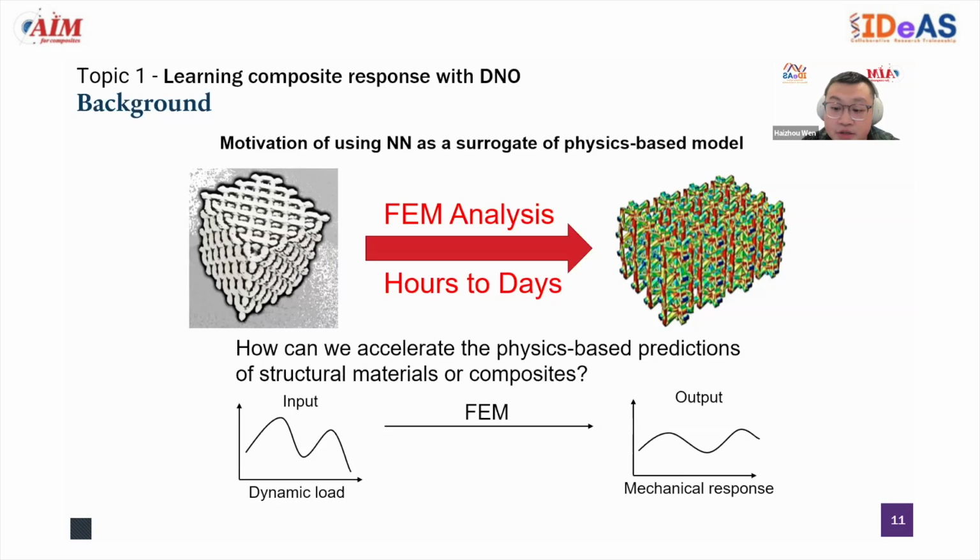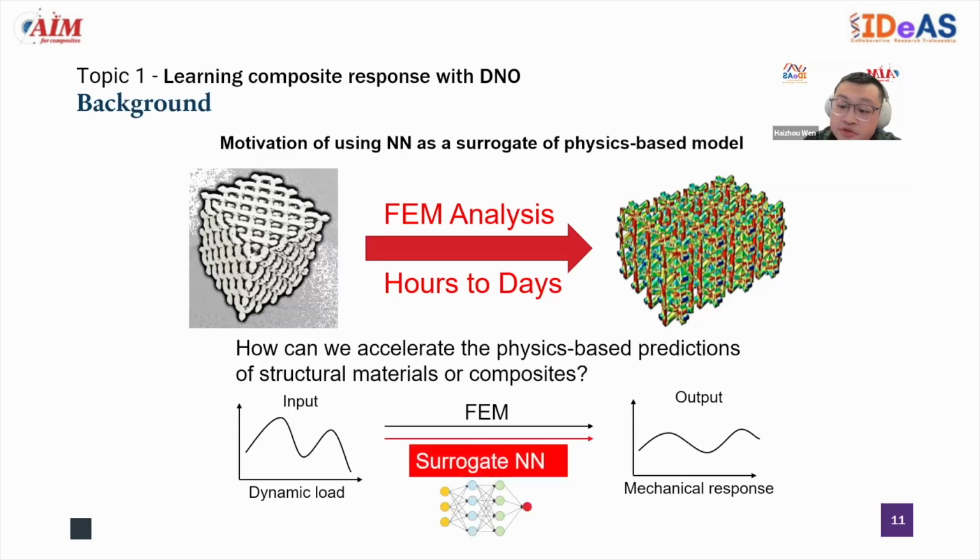If we try to use simple math language to describe the FEM process, there should be a load function that we give to the material, and in response, the material will produce a response function. So our mission is to develop a surrogate model to approximate the mapping between the load function and the response function.